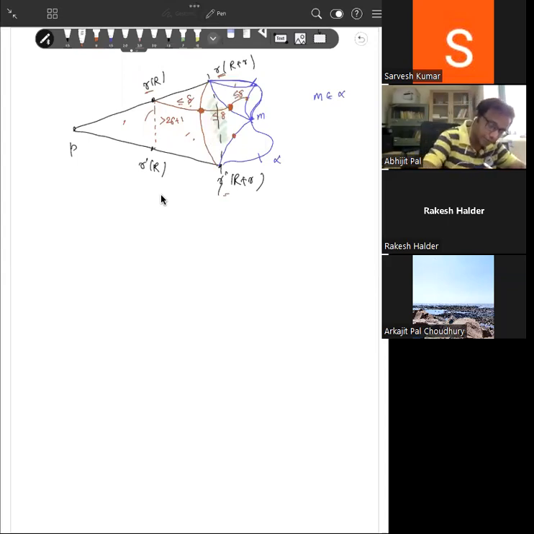Up to what stage will we continue? We have assumed that the length of alpha is greater than 1. So there exists a natural number n such that 2 to the power n minus 1 is less than the length of alpha, which is less than or equal to 2 to the power n.